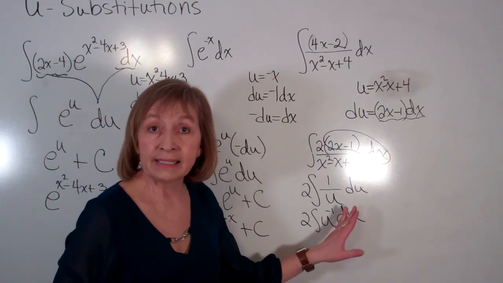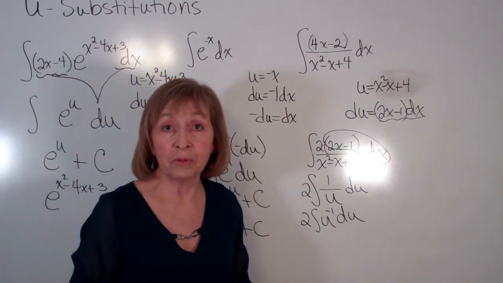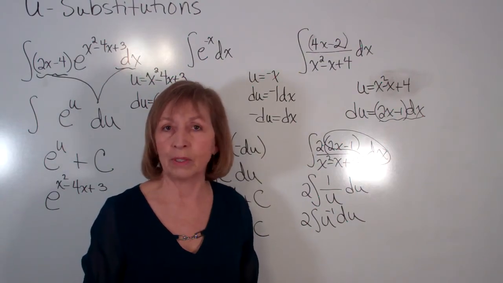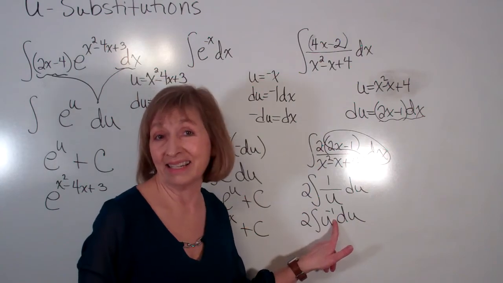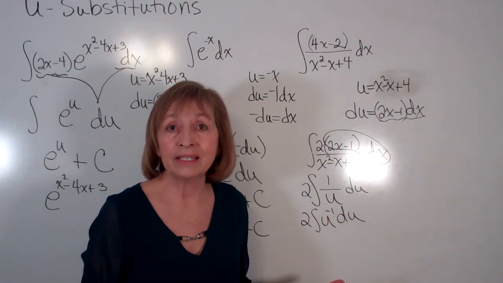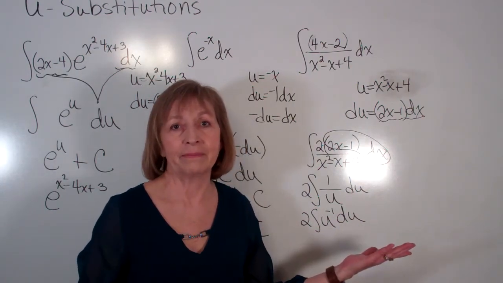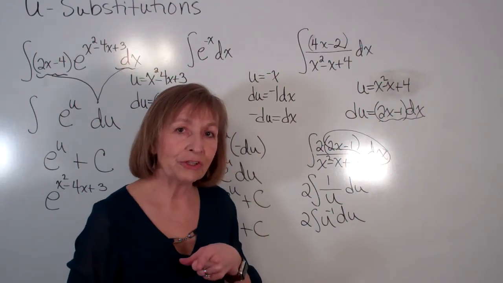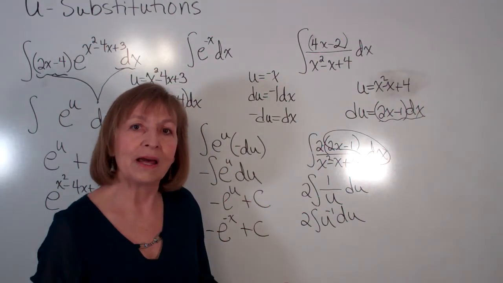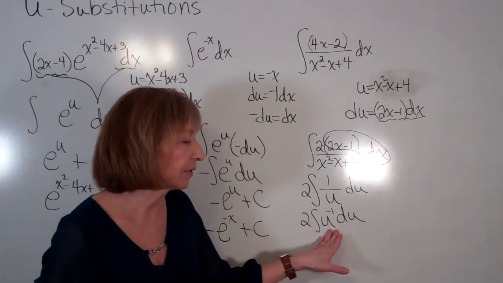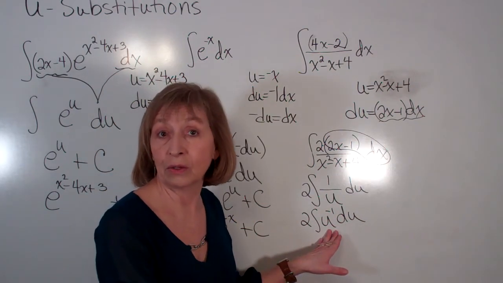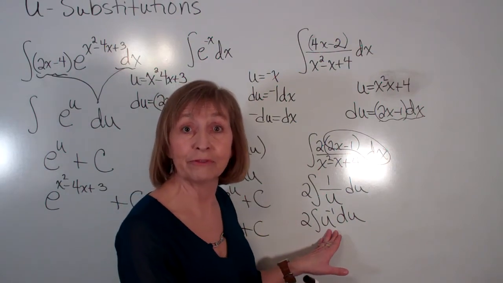Now, letter-based to number power, as long as the number power is not negative 1, I would add 1 to the exponent and divide by that. But this power is negative 1. And if I add 1 to negative 1, I get 0, and I can't divide by 0. That's your cue that you can't add 1 to the exponent and divide by that on this particular expression. This is the one that goes back to the natural log of the absolute value.